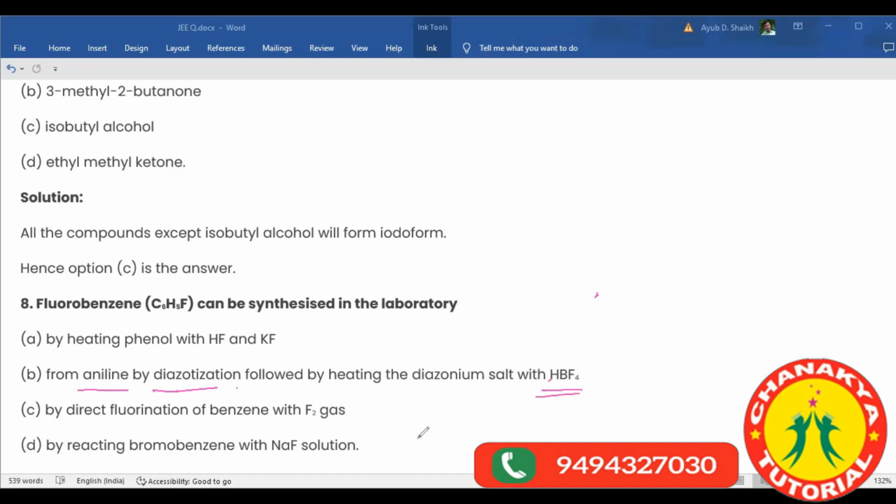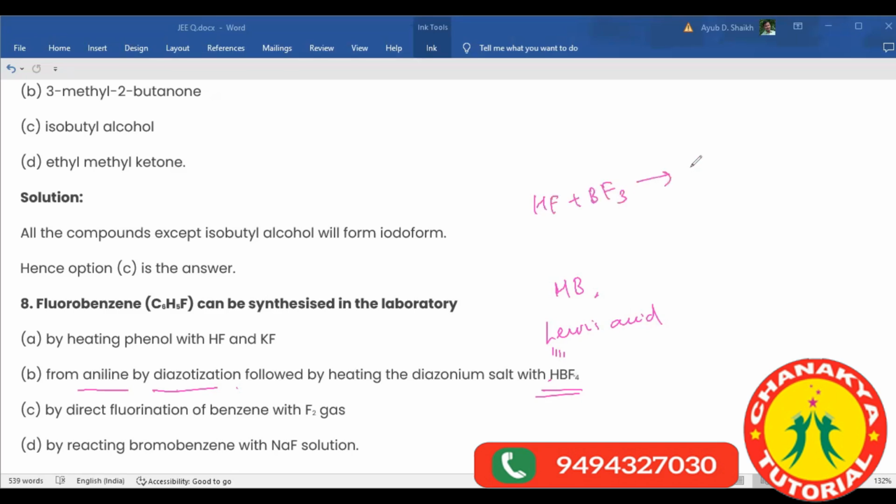HBF4. This HBF4 is nothing but, we can say, an isotopic of the Lewis acid, right? Yes or no? HBF4 means HF plus BF3. HF plus BF3 it would be, right?